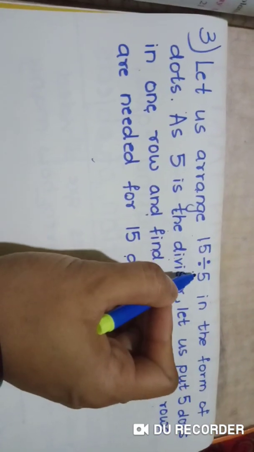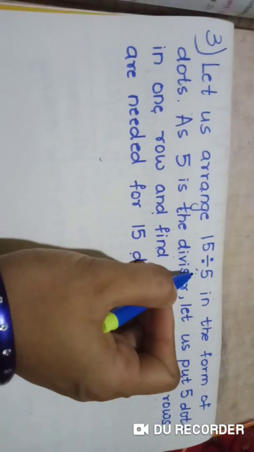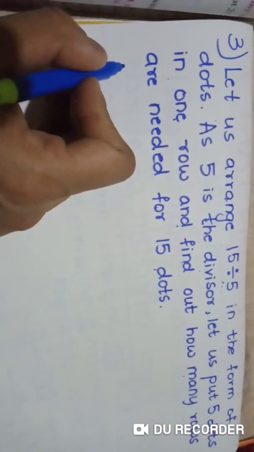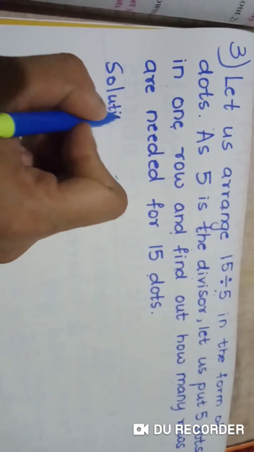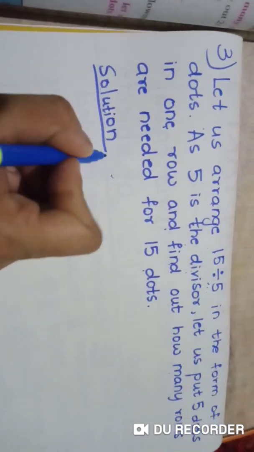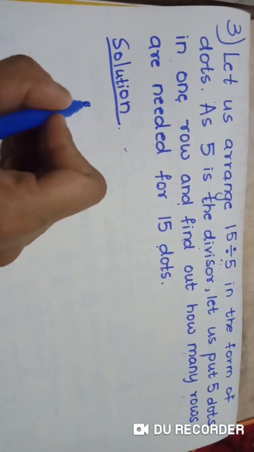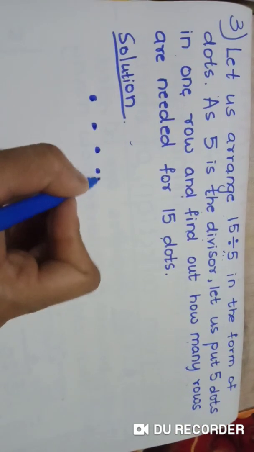So, what is the divisor here? 5. Therefore, 5 dots in one row. So, let us start. Solution. See, this is our first row. Therefore, 5 dots.